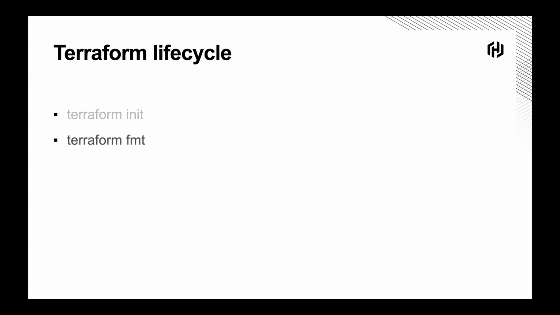Then we wrote some code, made sure it was nice and cleanly formatted using Terraform format. Then we followed that up with Terraform validate to make sure that our syntax was looking good and we had defined all of our variables and names correctly. Then we generated an execution plan using Terraform plan. And then we saved this execution plan to a .tfplan file.